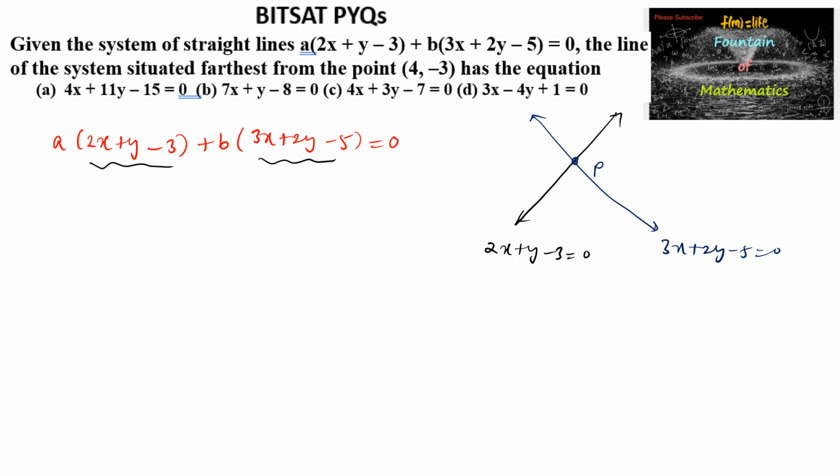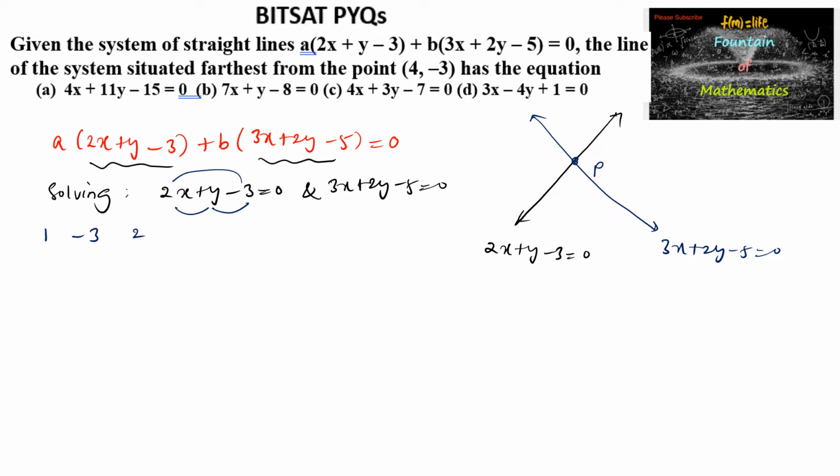So let us find the point of intersection by solving the two line equations: 2x plus y minus 3 is equal to 0 and 3x plus 2y minus 5 is equal to 0. Let's use the cross multiplication method. From the coefficients, that is 1, minus 3, then again 2 and again plus 1. Similarly for the second equation, 2, minus 5 and then again 3 and then again 2.